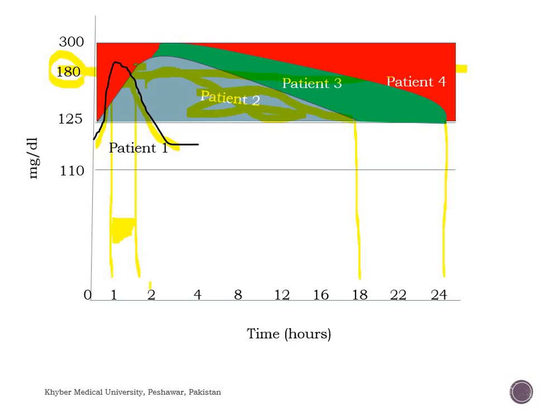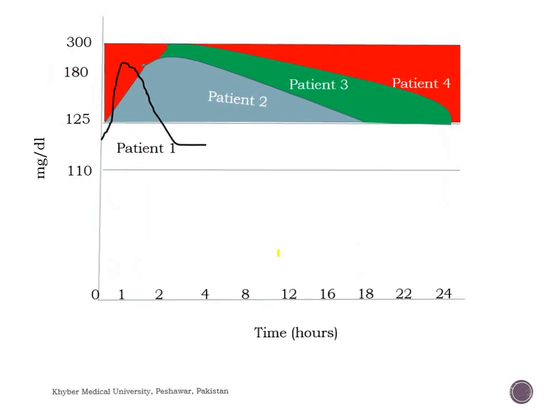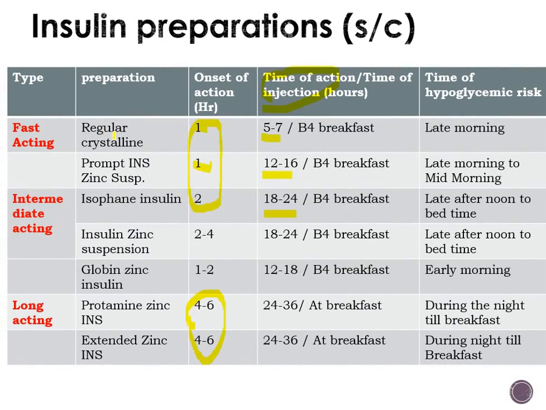So before this 2 hour, for 1 hour, the blood glucose will filter into the urine at the level of kidney through the GFR, glomerular filtration rate, and then you can say glycosuria will still persist. So what you have to do, you have to combine this regular insulin where the onset of action is 1 hour, so this will give you a backup, or you can give it late morning.